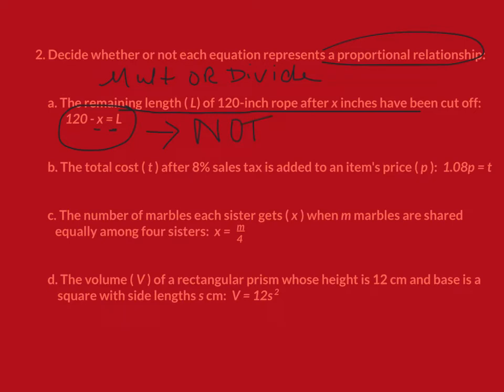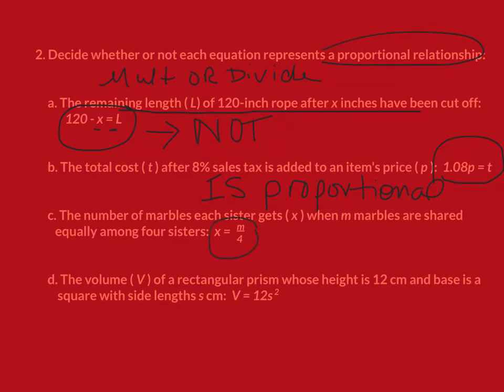The next one, again, we don't need to really pay attention to the situation itself. We look at the equation. The only thing that's happening between the variables p and t is multiplication. So therefore this is proportional. The next one, we've got x is equal to m divided by 4.